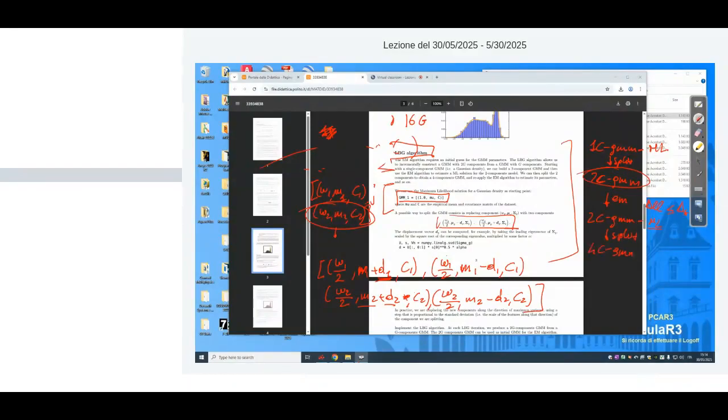Now this is not optimal for the data, so we run EM and obtain a four-component GMM that is a maximum likelihood solution for four-component models.